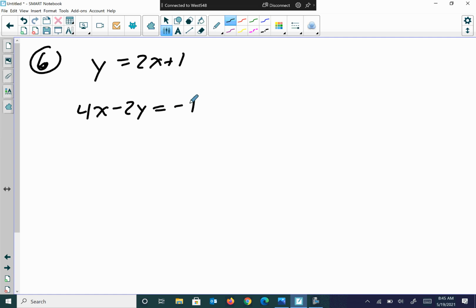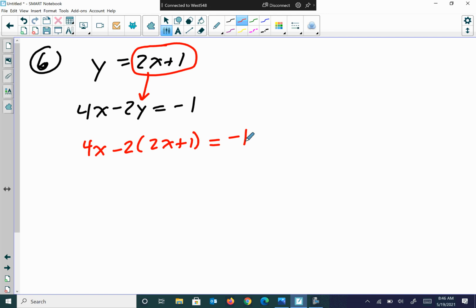Okay, this one says, again, it directs us to do substitution. So I know that y is equal to this. So I'm going to take that and I'm going to put it in here. Now, friends, where do you think an error is going to be made right here? Where do you think I'm going to make an error? Distribute. What am I distributing? -2.